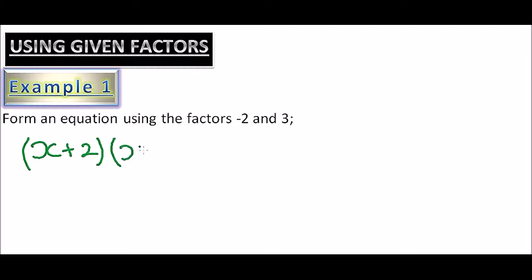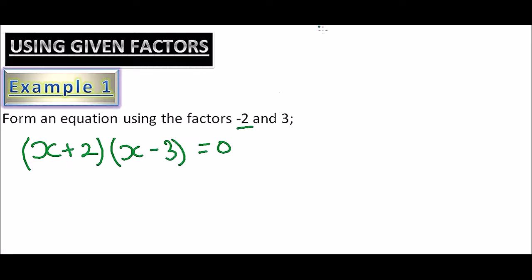And here we have x minus 3 equals 0, so you get x equals 3.